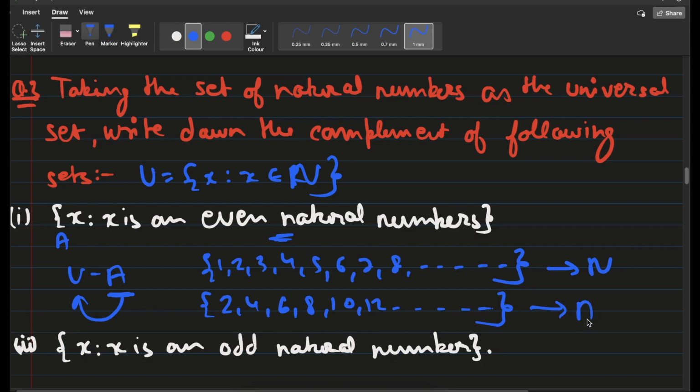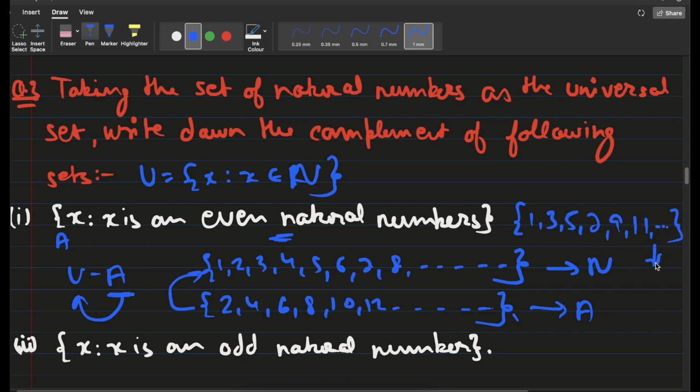This is our A set. So if we remove A from natural numbers, what will be left? Let us check it out. 1, we have removed 2, so left with 3, removed 4, so 5, 7, 9, 11, dot dot.